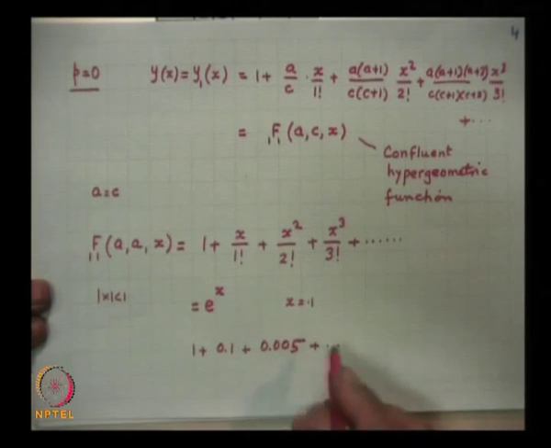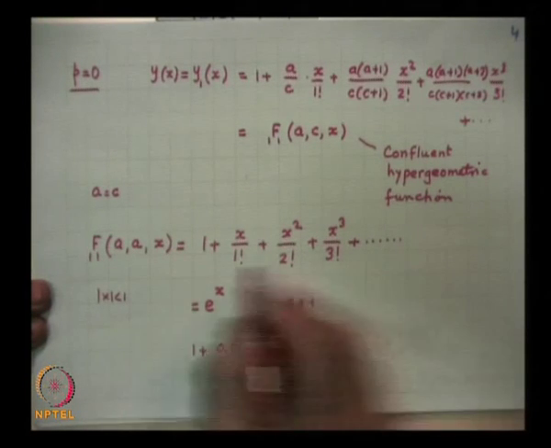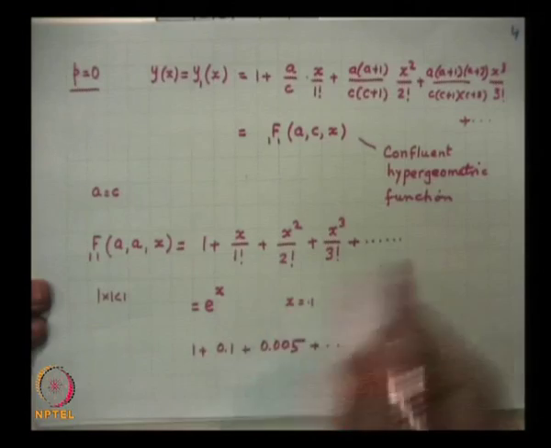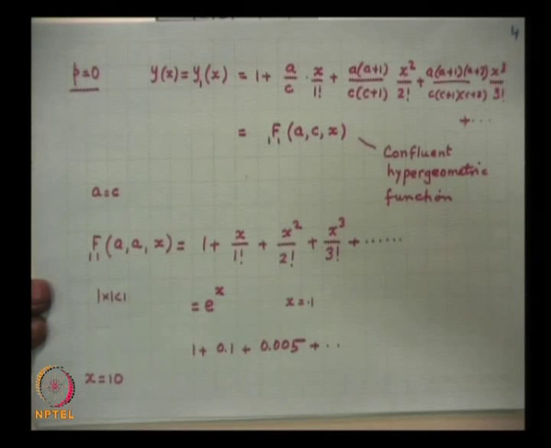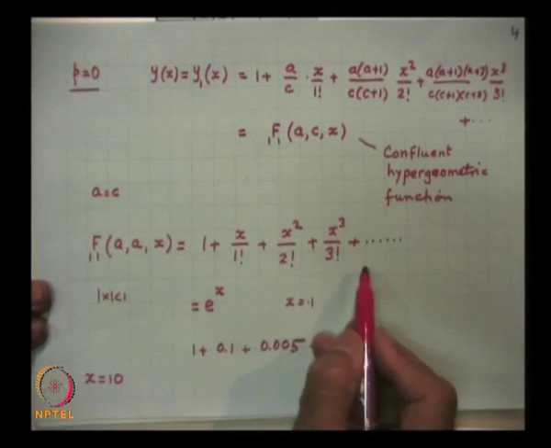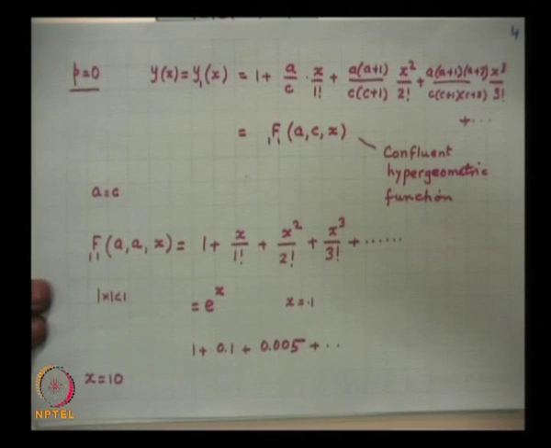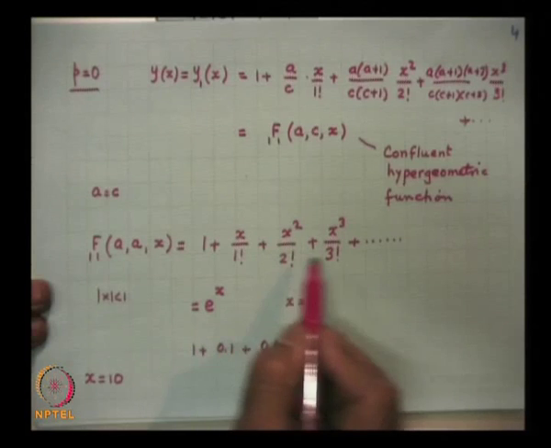For x equal to 1, first the numbers are large, but then it will come down. Even if you take a value, let us suppose x equal to 10, then eventually the factorials take over. Initially the value of each term increases.